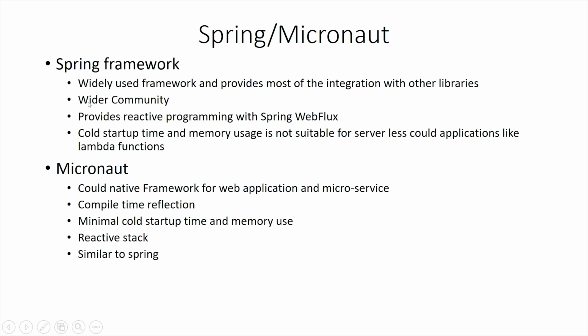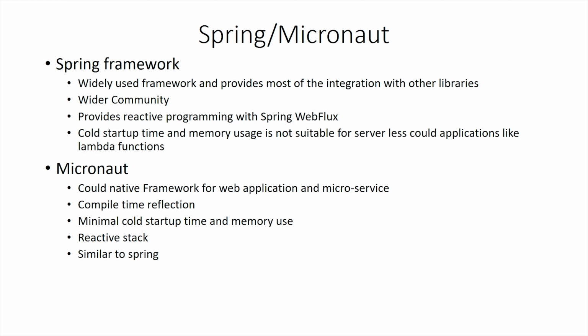It also has a wider community, so many communities support Spring, and it provides reactive programming with Spring Web. Spring can support multiple languages like Java, Kotlin, and Groovy. Finally, cold startup time and memory usage are not suitable for serverless applications like Lambda functions.